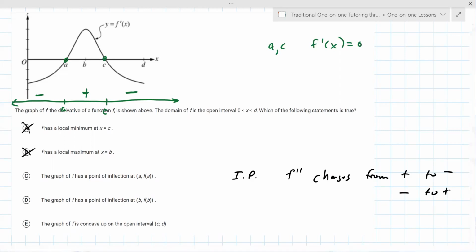It's a fair question. You're looking for mins or maxes of f prime. So see how there's one right there? That's your max. So the derivative is increasing and then it's decreasing. So there is an inflection point at B.